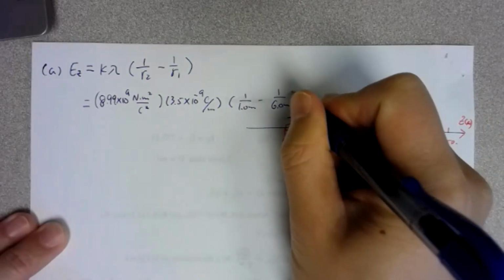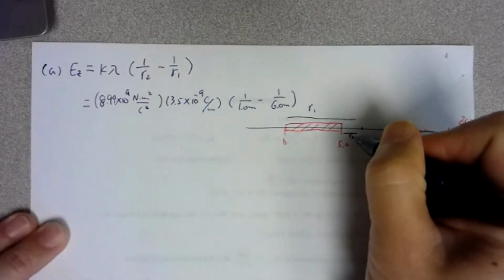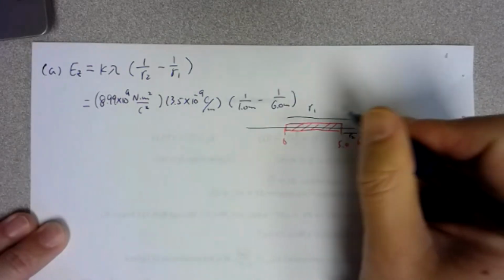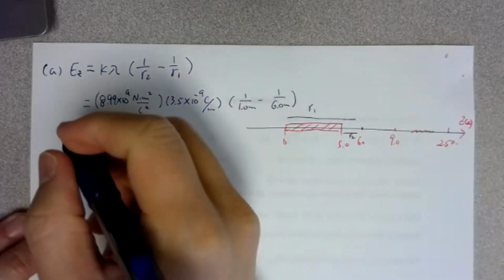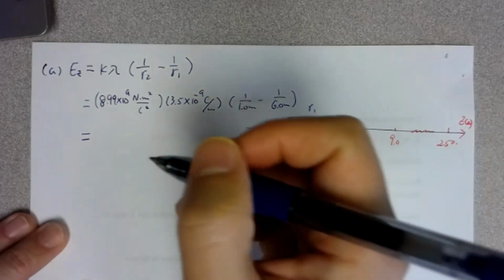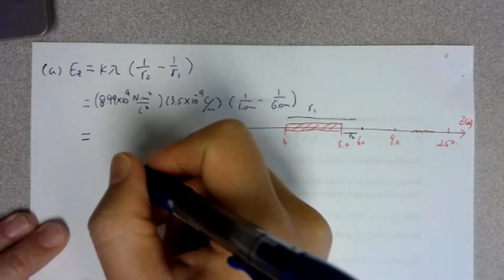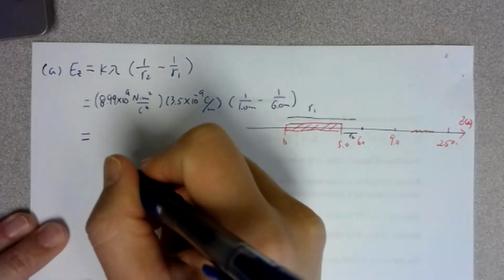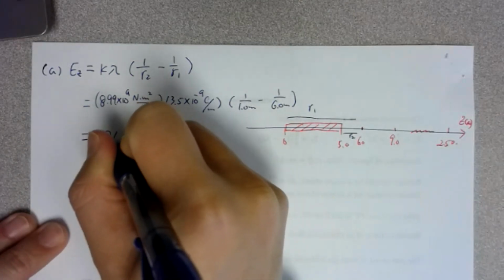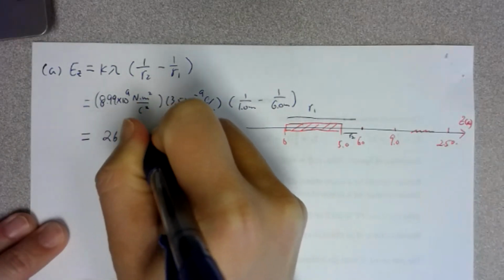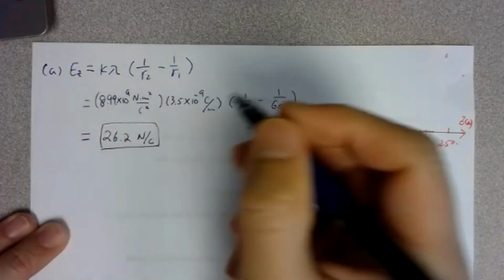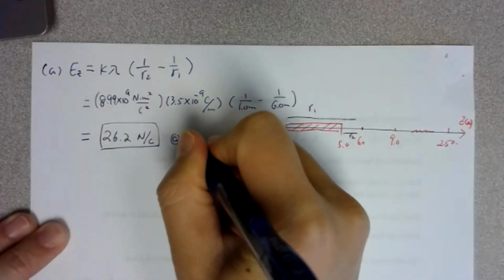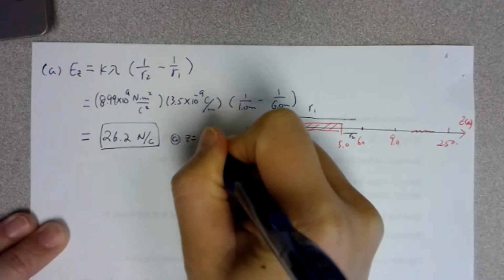So for r2, it's 1 meter, 6 minus 5. r1 will be 6 minus 0, so 6. That gives you about 26.2 newtons per coulomb. Okay, so that's at z equal to 6 meters.